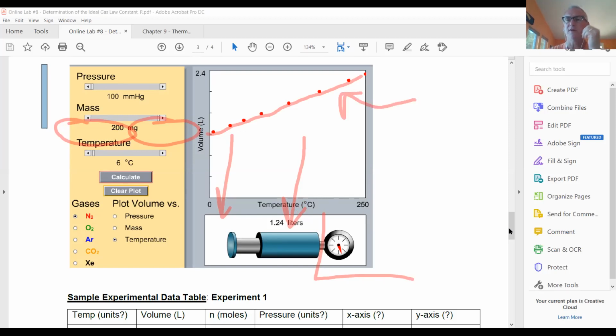When we calculate the slope of a line, what does it actually give us? Those of you who've taken math, step in and help me out. What's the actual slope of a line? If I plot volume, so my Y is my volume, and my X is my temperature, what's the slope of the line?